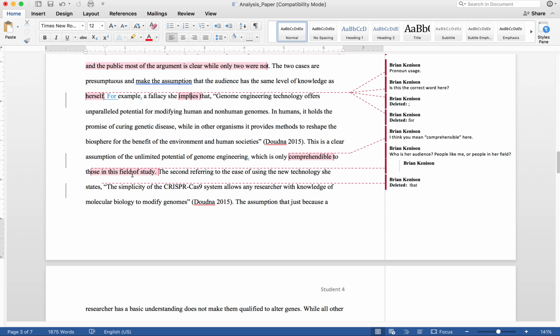And so, this is where you ask yourself, who is this writer's audience? Is it people like me, or people in her own field? And so she's going to have different assumptions and make different arguments to people who don't understand genome theory and those who do.